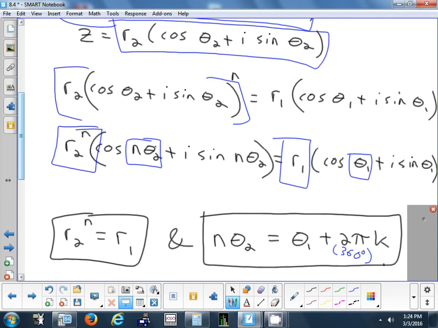Remember I said if you take a cube root, you're going to have 3 answers. If you take a square root, you have 2. This is how we're going to get the multiple answers. So the angle on the left equals the angle on the right, plus anything that is coterminal with it. Coterminal means adding or subtracting 360k, or 2 pi k.